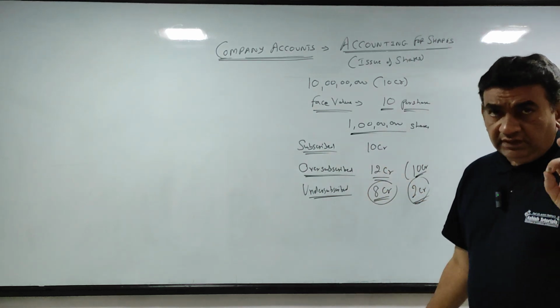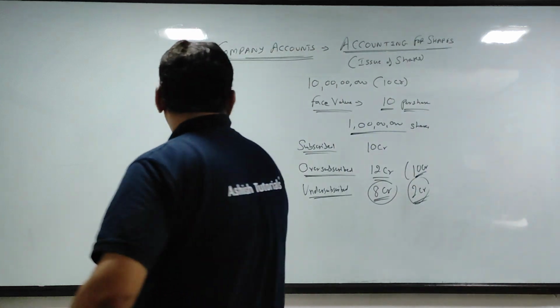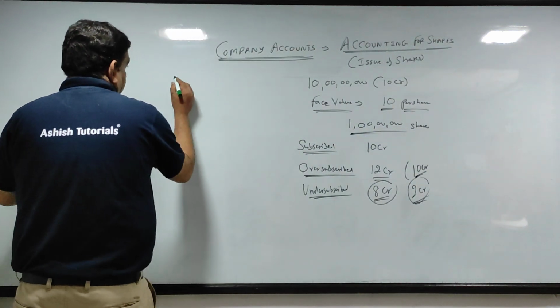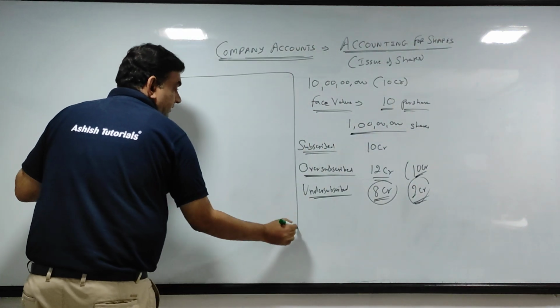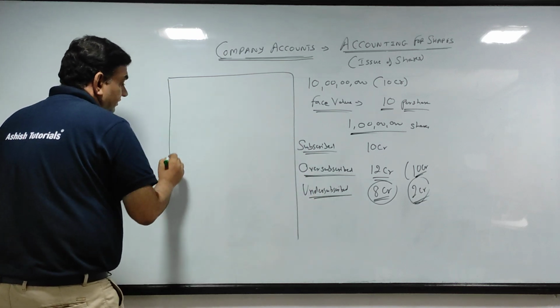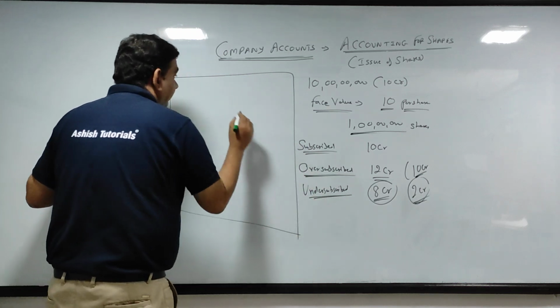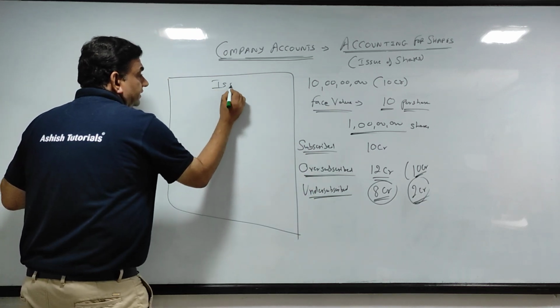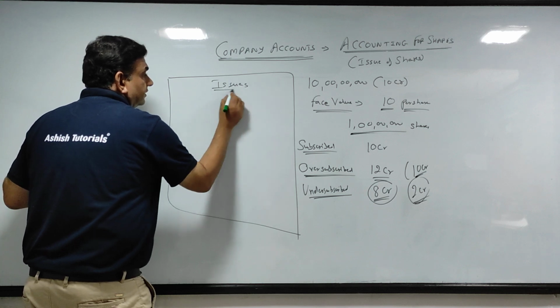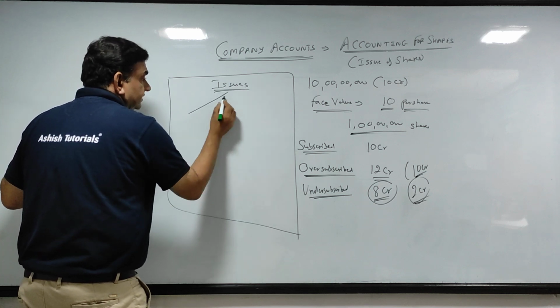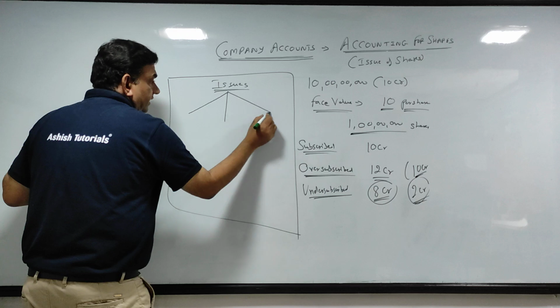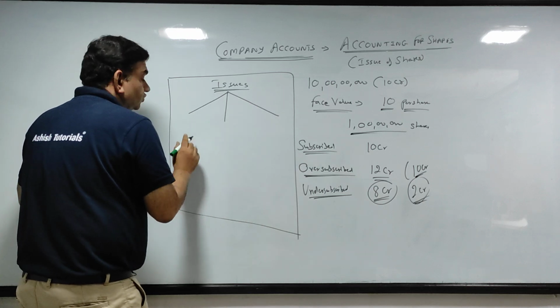Now, when the company issues the shares, ये मैंने simple बोला transaction. Now when the company issues, there are 3 ways in which the company can issue shares.